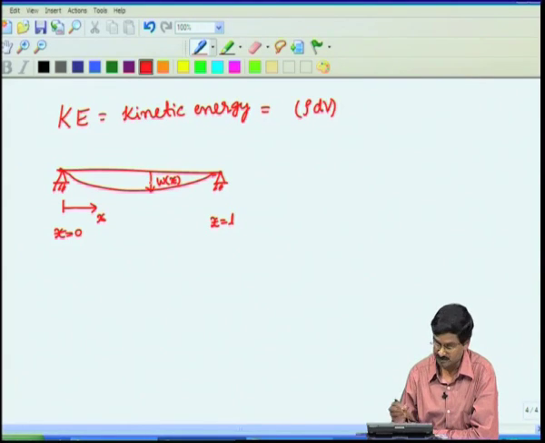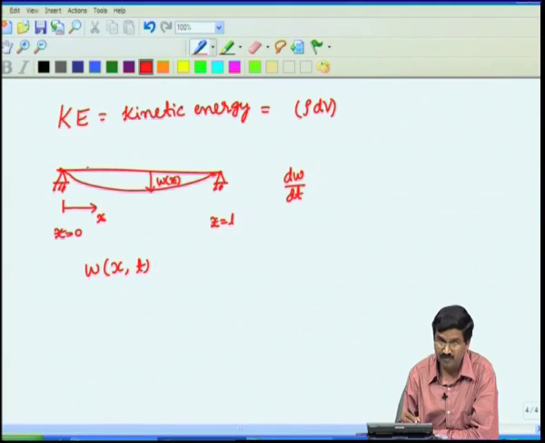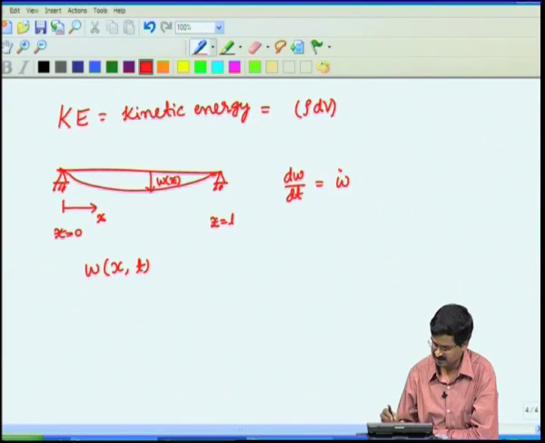Then W of x is displacement, and W is a function of x and t. So, W is a function of x and t, because every point is moving with respect to time and also it varies along x. So, we can take derivative with respect to x as well as t. dW by dt, or we can call it Wt, is the velocity.